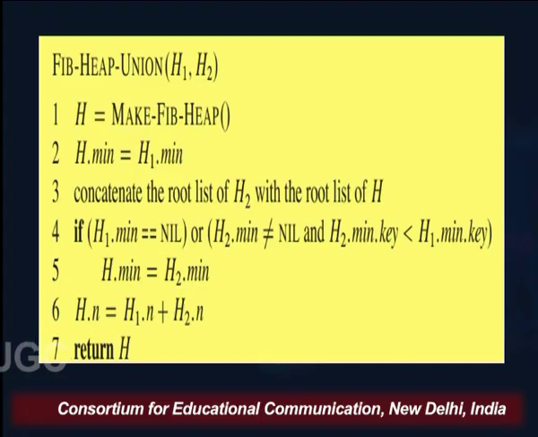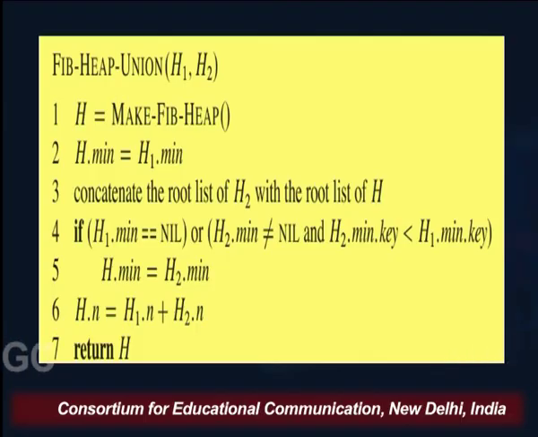Then the concatenation of the root list of H2 with the root list of H is done, because when we say H dot min is equal to H1 dot min, that means we have given our H1 object onto this H. And now if H1 dot min is equal to nil, or H2 dot min not equal to nil, here we are comparing to look into the existence of H1, whether it really exists or it is an empty heap.